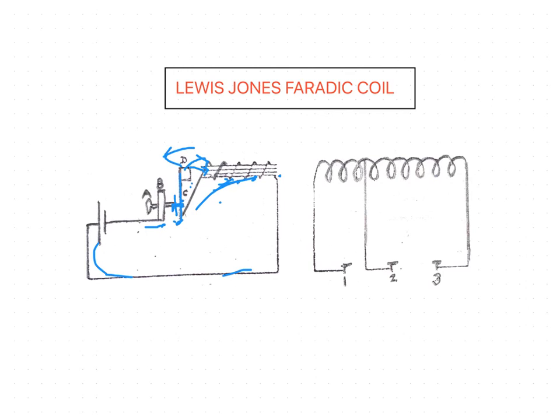So the primary current which is obtained by this Lewis-Jones Faradic coil, in the graph we can see it is obtained like this. Okay, so there is some variation from the normal original Faradic type of current.